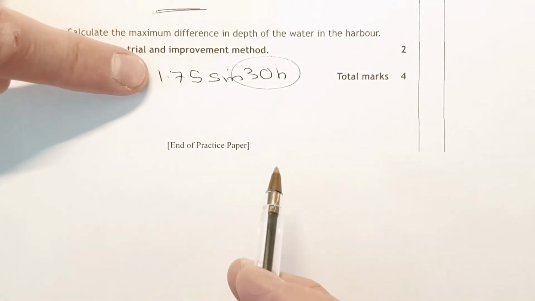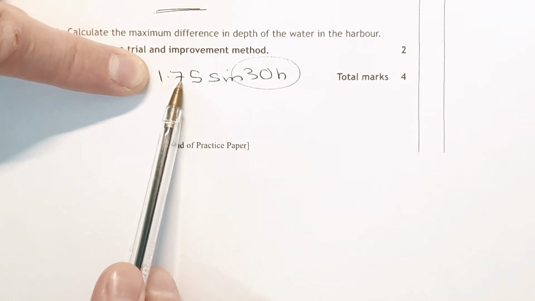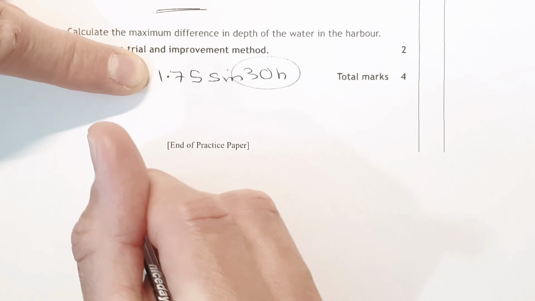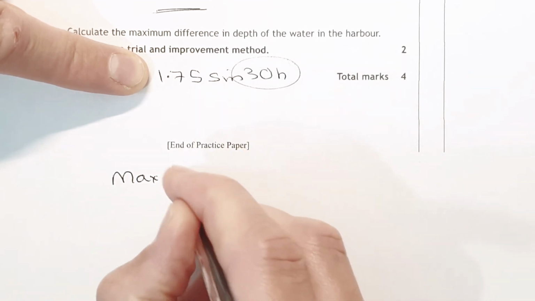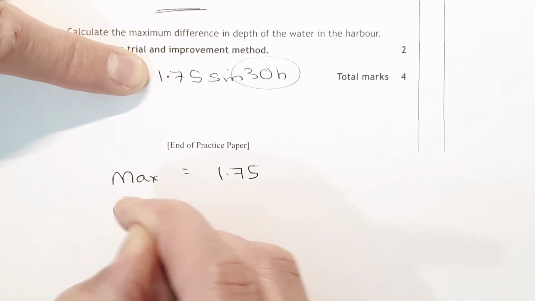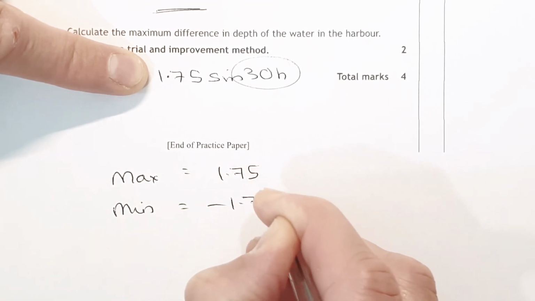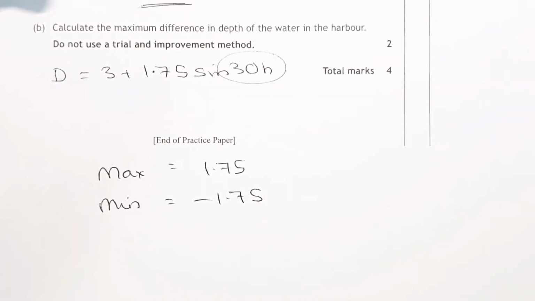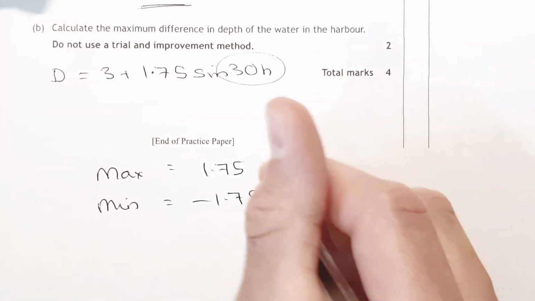Now, ignoring the 3, if you've got 1.75 times sine, that tells you you're going to have a maximum value of 1.75. And then your minimum value is going to be negative 1.75. Now that's if that plus 3 wasn't there. But because we've got this 3 added onto it, that's shifting the whole graph up by 3.